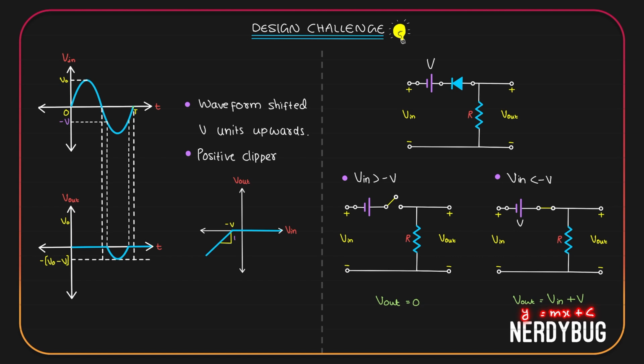M is the slope, c is the y-intercept. Here m is 1, c is V. So the graph will look like this. It has a slope 1, but I said y-intercept is V. See, if you extend this line like this, it will intercept on the y-axis at a point over here, and that will be equal to V, our y-intercept.